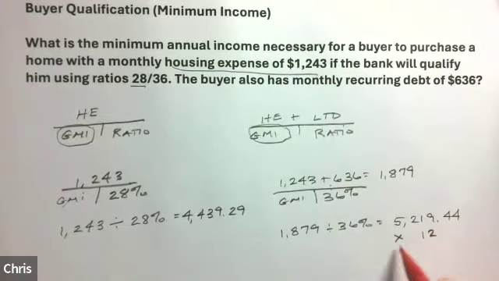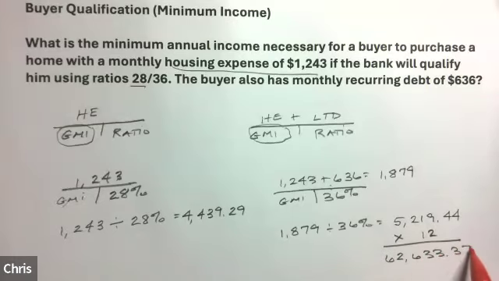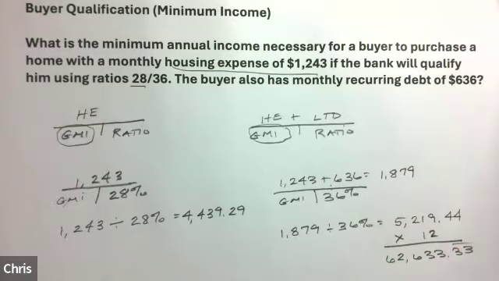You could multiply both sides by 12 if you wanted to, but clearly the one that's the biggest monthly is also going to be the biggest annual as well. So I'm only going to do the biggest monthly. I multiply that by 12, and this guy needs to make 62,633, and then it looks like there's just repeating threes after that. Okay, so to answer that question is 62,633 and change.